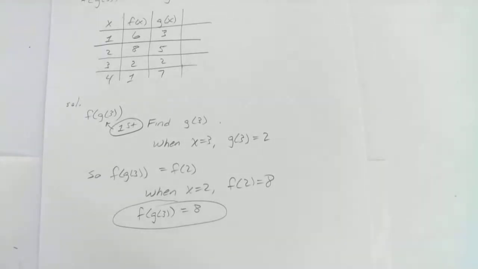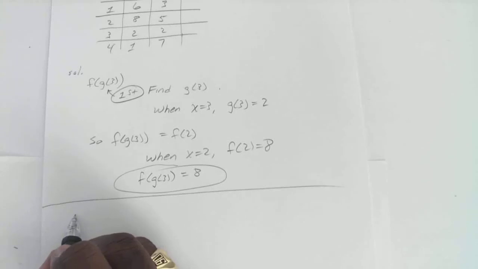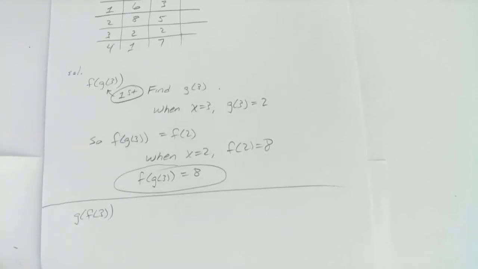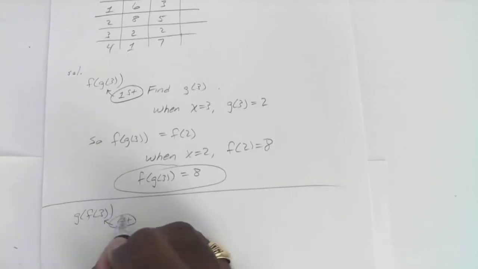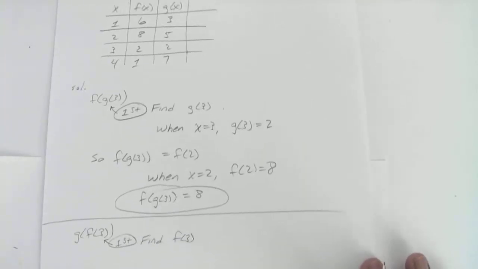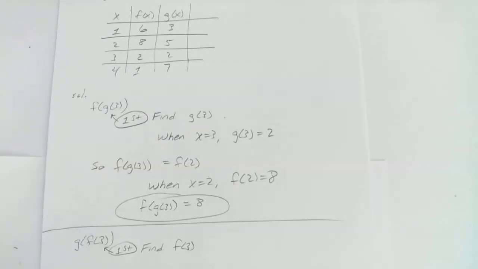Okay, and we do the same thing for g of f of 3. So g of f of 3, first thing you do is find f of 3. Okay, so we know that when x is equal to 3, f of 3 is 2.